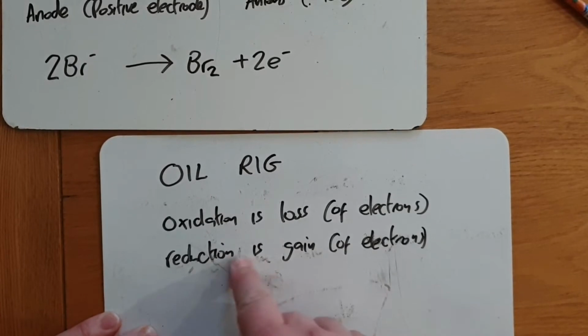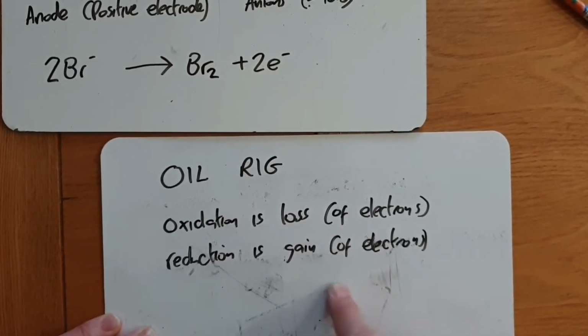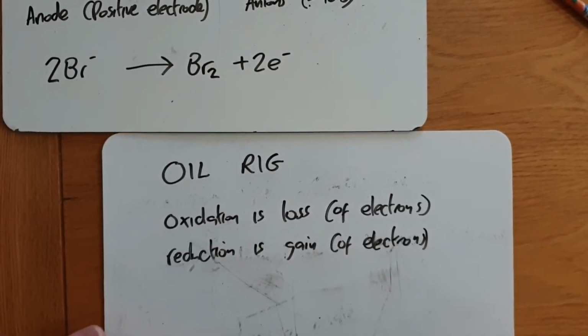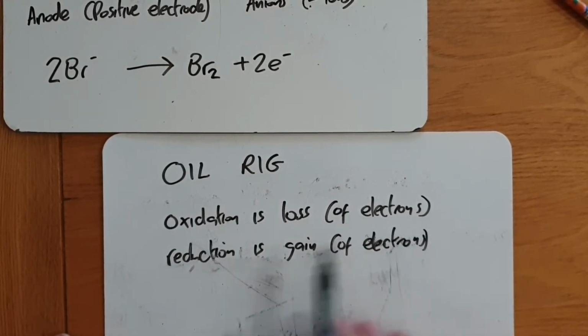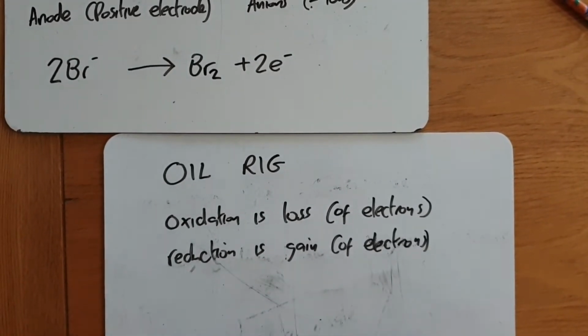I've probably picked the dirtiest whiteboard to write this on, so apologies if you can't read it properly. So we've got OIL RIG. Oxidation is loss of electrons. Reduction is gain of electrons.